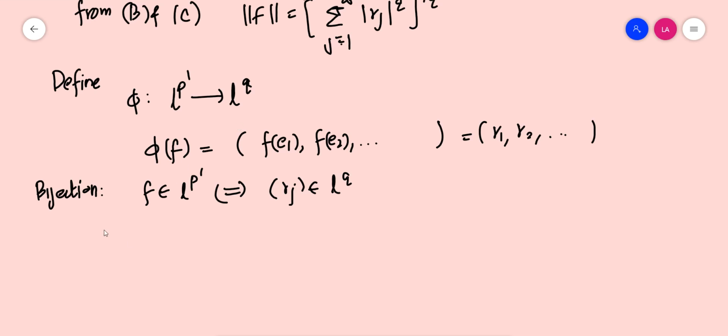Okay, so you can take F1 and F2 elements of LP dash and alpha be any constant.